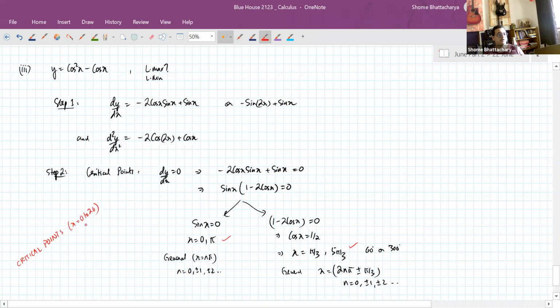In that 0 to 2 pi fundamental cycle, our critical points are 0, pi by 3, pi, and 5 pi by 3. And then they repeat in cycles of 2 pi.